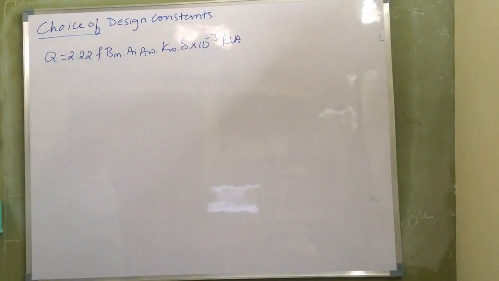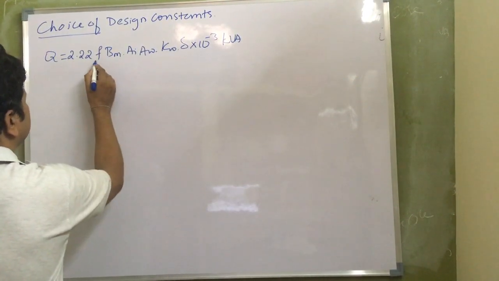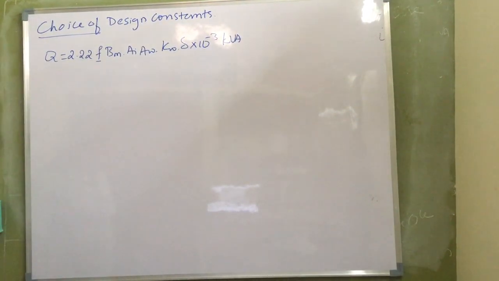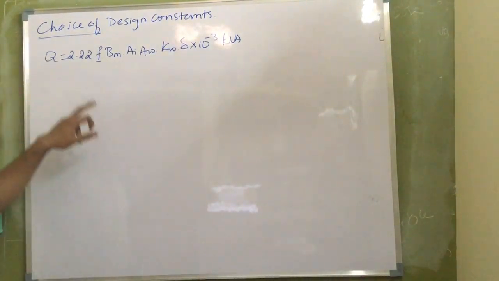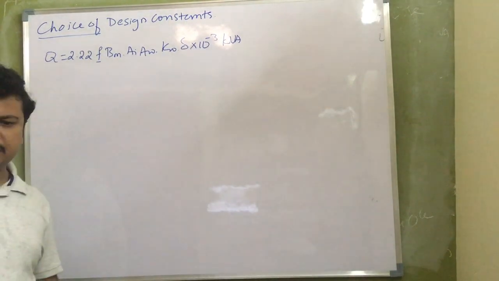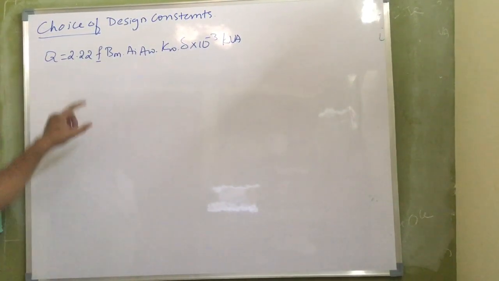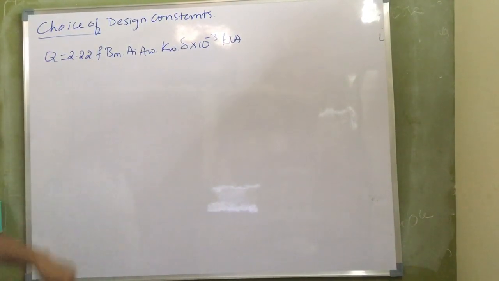So this is my output equation of a single phase transformer. Here the design constants: F is a constant, no doubt, but it is not a design constant because it is specified. F always comes along with the specifications of the supply system. So F will not form a design constant.